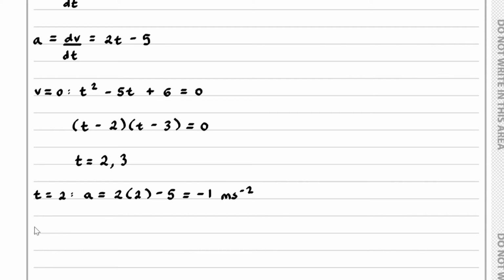And when t equals 3, the acceleration, we've got 2 multiplied by 3 minus 5, which is equal to 1 meters per second squared.